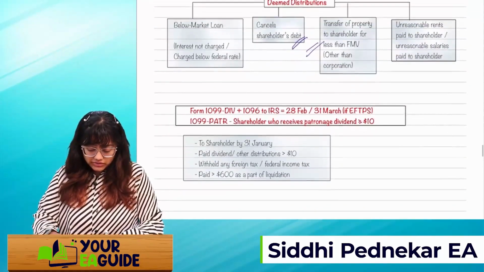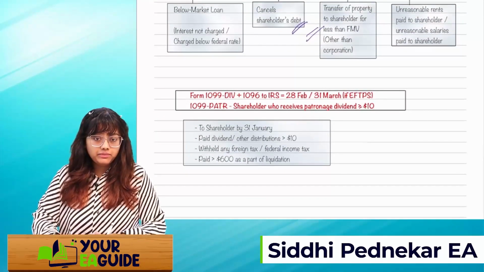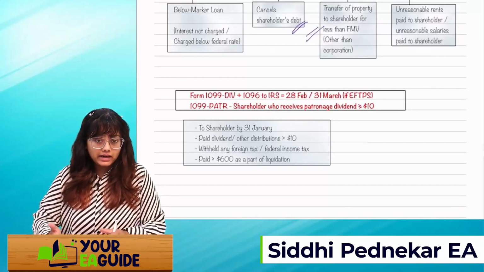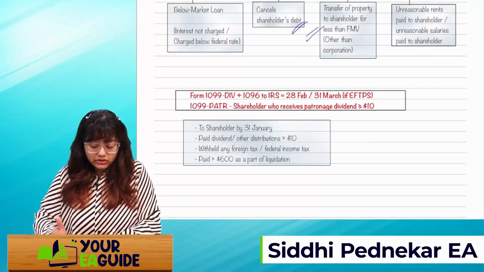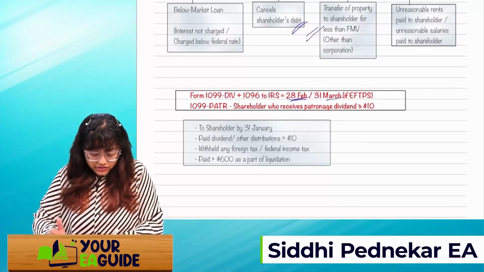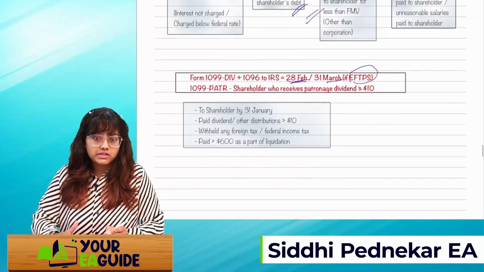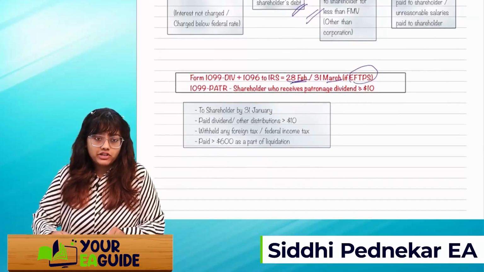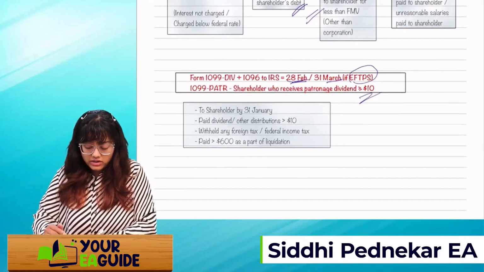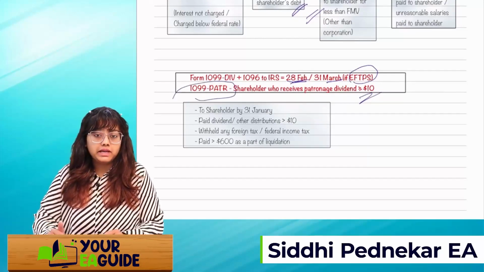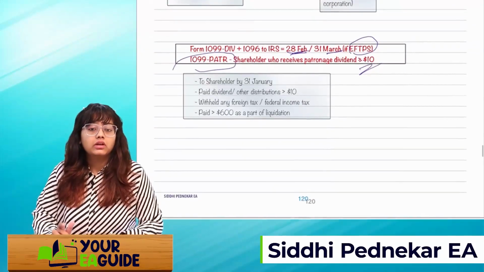For this, you will receive 1099-DIV, right? And 1099-DIV with 1096 will be filed to the IRS by 28th of February, and by 31st of March if you are filing electronically. In case of a patronage dividend, if it's more than $10, you will file 1099-PATR.